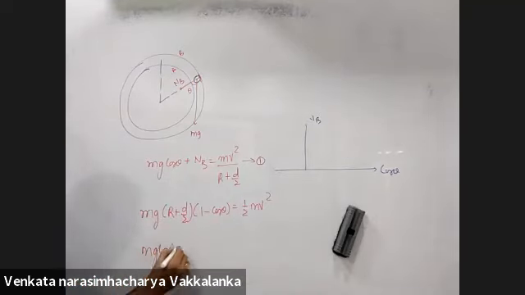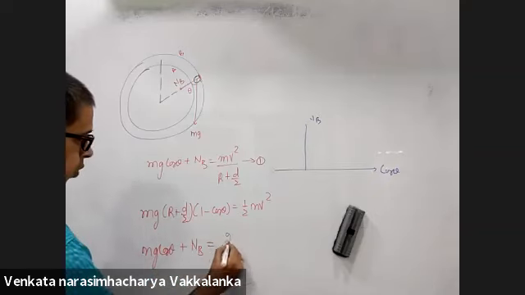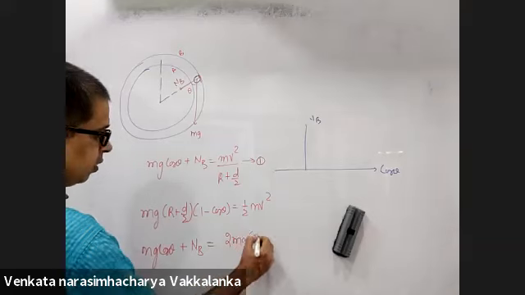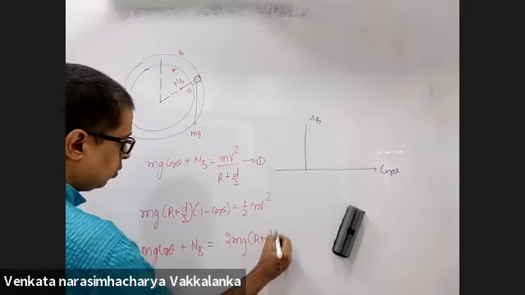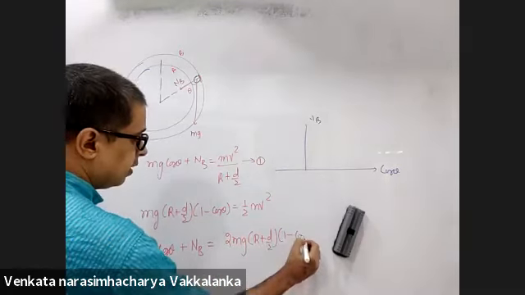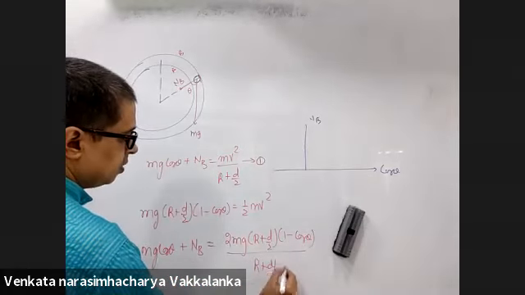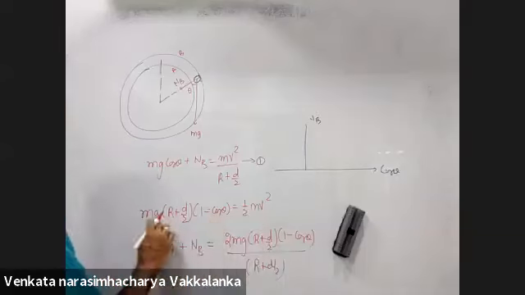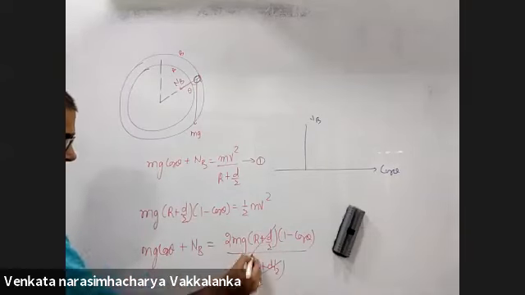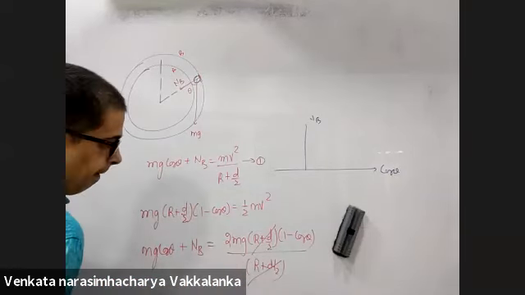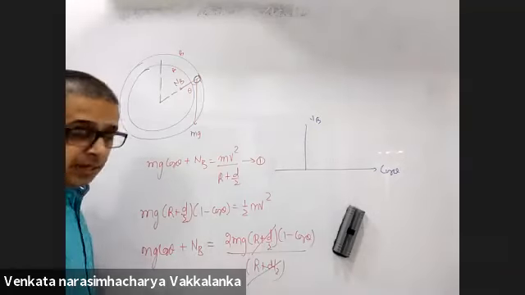Mg cos theta plus NB is equal to 2 times mg into (R plus D by 2) into (1 minus cos theta) divided by (R plus D by 2). mv square is 2 times this. Cancel this out.